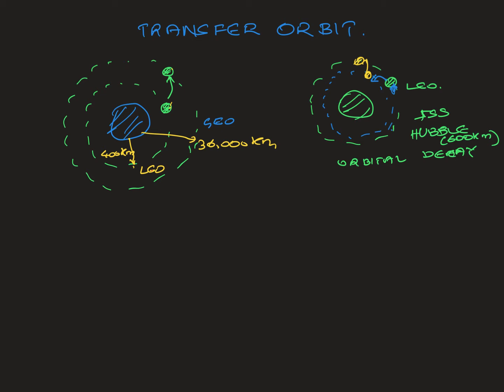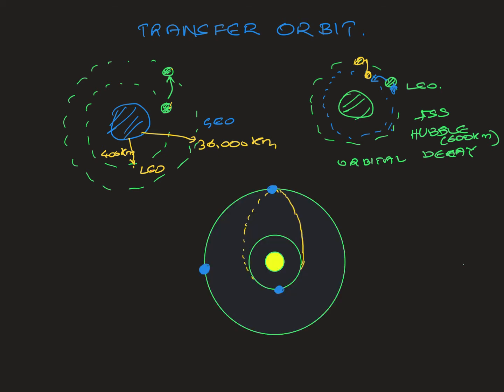So how do we achieve this? How do we transfer the orbits? How do we transfer a satellite from low orbit to a high orbit? What we have here is Earth, and this is the low orbit, and we have a satellite here. What we want to achieve is to get this satellite from this orbit to this orbit.